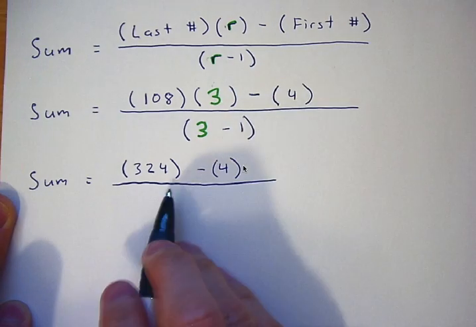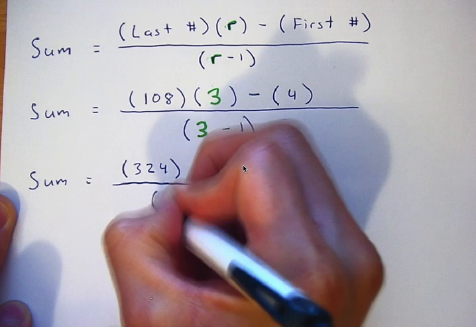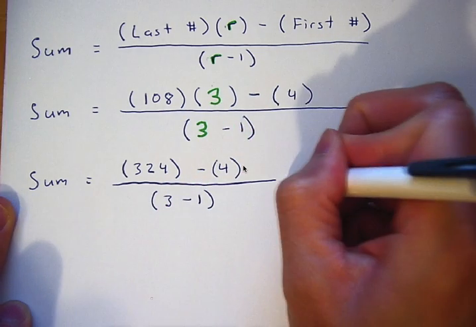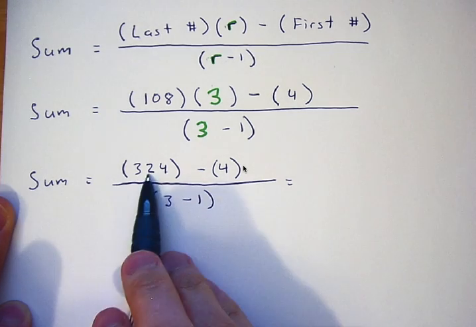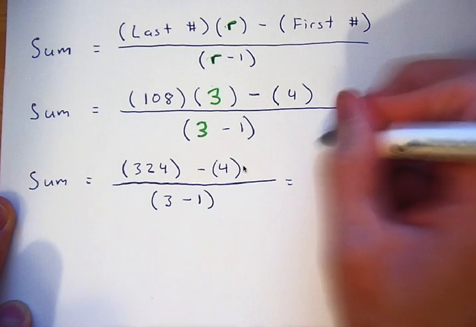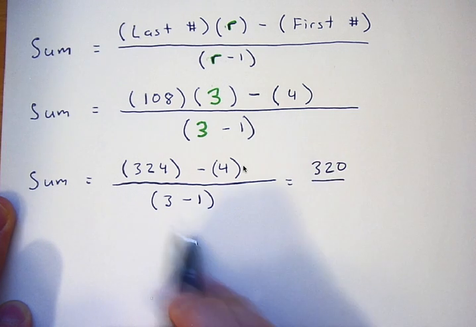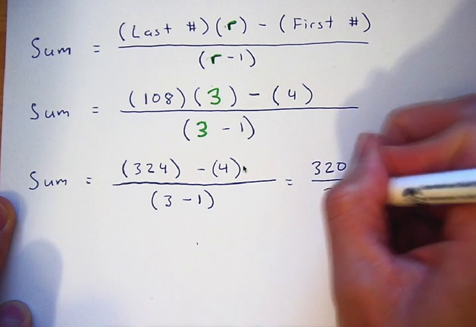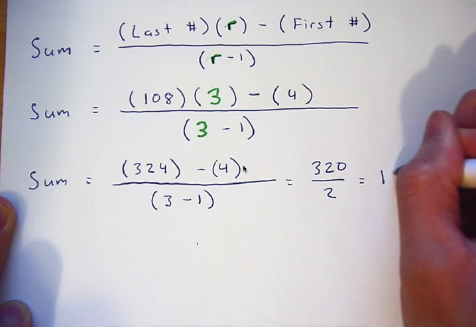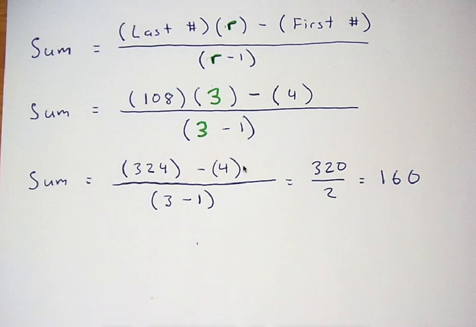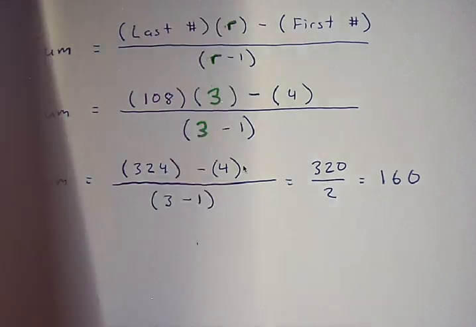On the bottom, I'm just going to write 3 minus 1 right now. And let's do this math. 324 minus 4 is obviously 320. 3 minus 1 is 2, so 320 divided by 2 is 160.